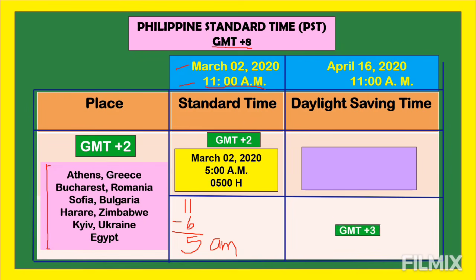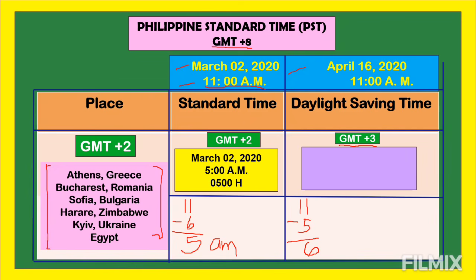Okay, how about during their daylight saving time? During their daylight saving time, their time zone now is equal to GMT plus 3. So the time difference between the Philippines and these places is equal to 5 hours. If we're going to convert April 16, 2020, 11 a.m., just subtract the time difference, 5 hours, from 11 Philippine time. 11 minus 5 is equal to 6.